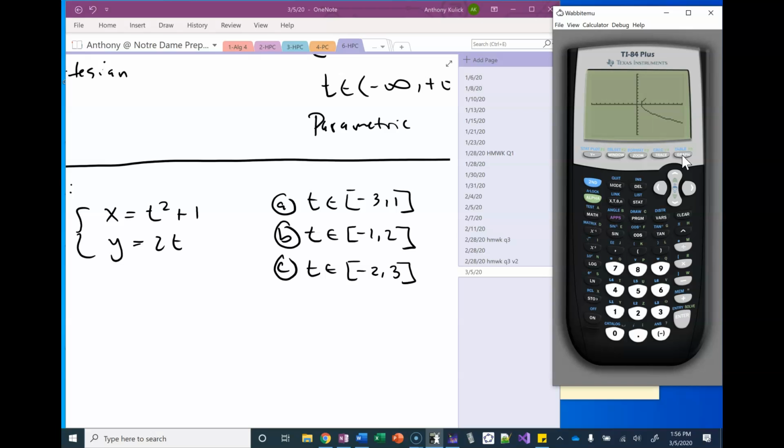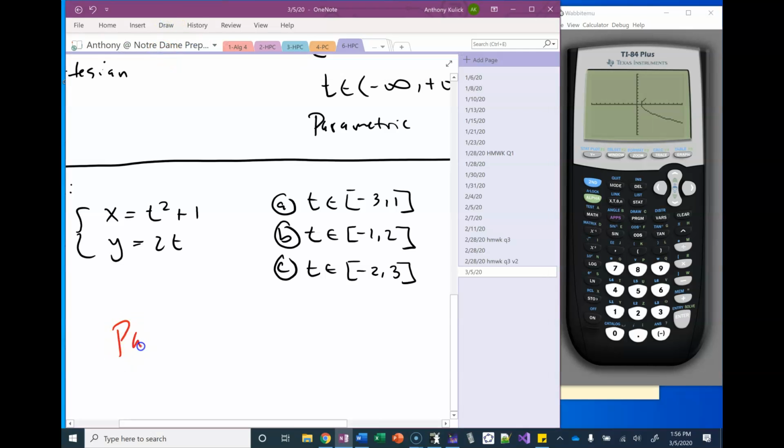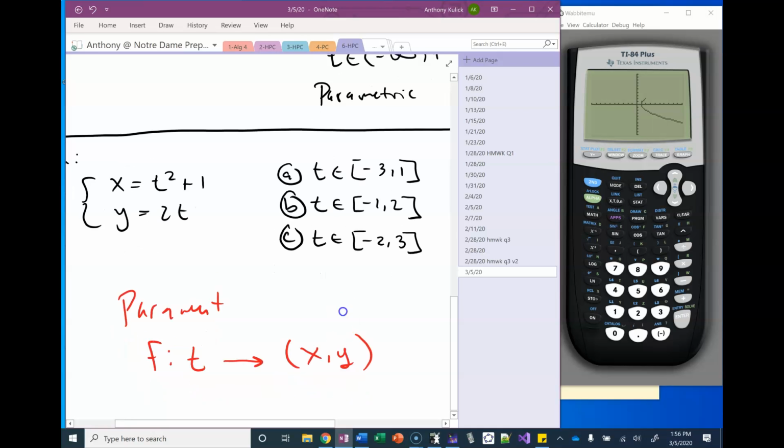So if we think about this from a very abstract perspective, in the parametric form, what we have is a function that takes a single variable t and maps it to an ordered pair x, y, right?